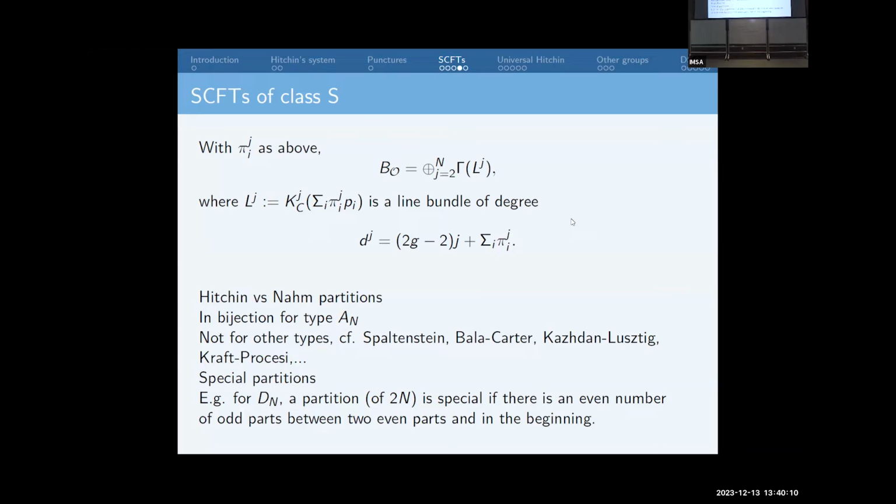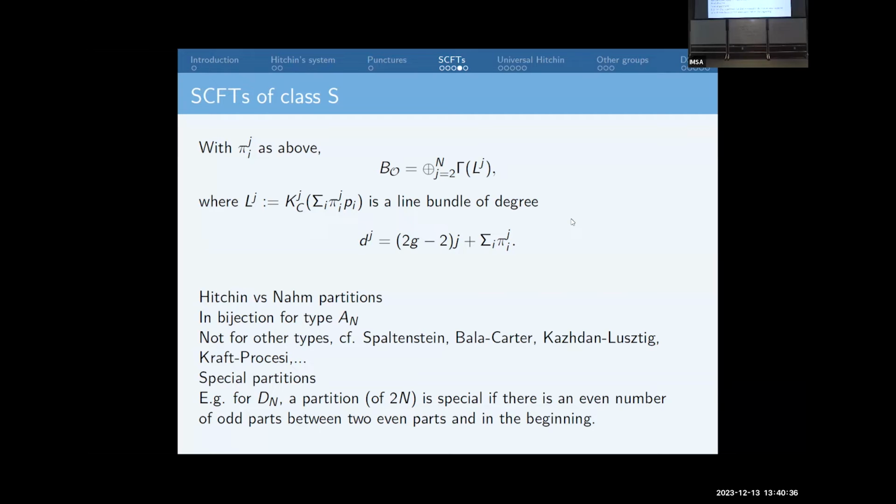So in type A, these correspond to each other by transposition. And that's different for the other types. There's a huge body of work on that, starting with Spaltenstein, Carter, Kazhdan-Lusztig, Kraft-Procesi, and so on. There's a map from the nilpotent partition to the Hitchin partition, but it's neither injective nor surjective.